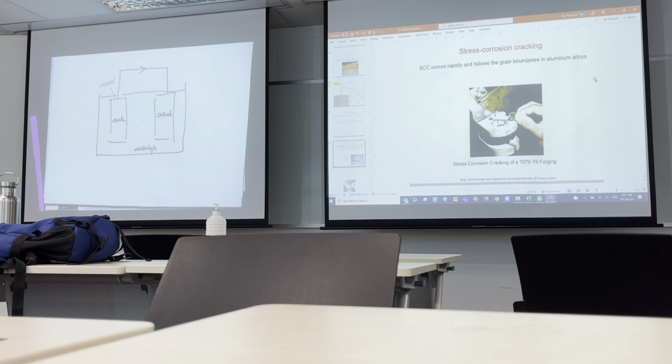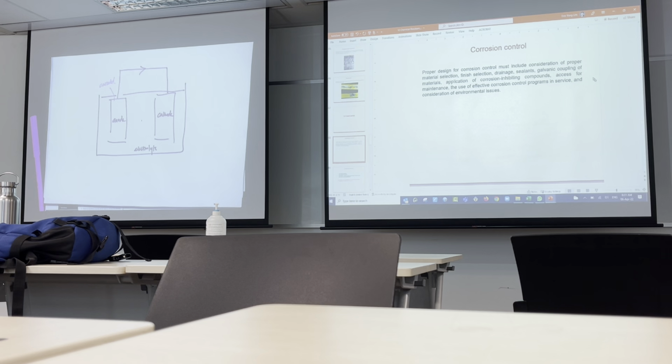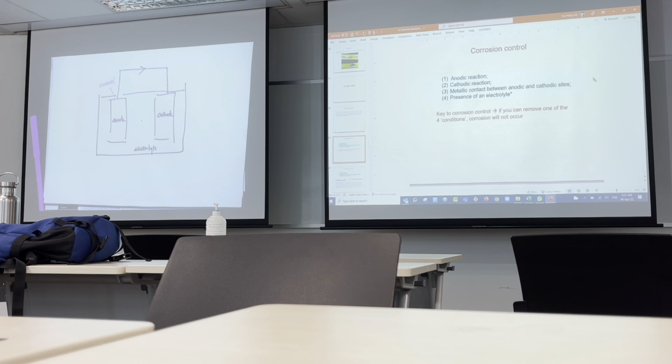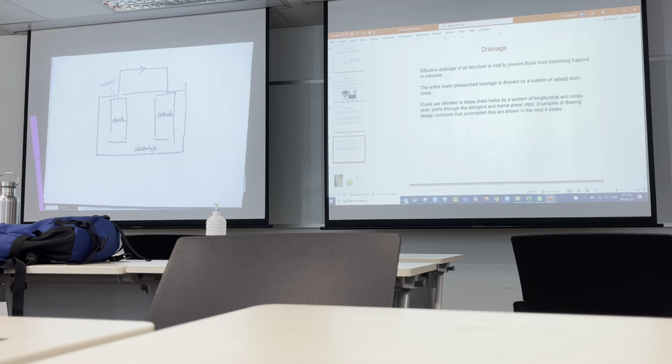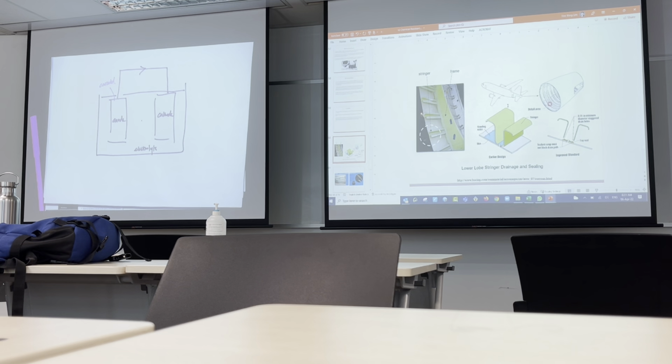And then when you go to corrosion control, you start to look at the basic principle: we remove one of the four things. And for the rest, like the aircraft, you will start to see small little things that they do. For example, by design they prevent water from trapping.